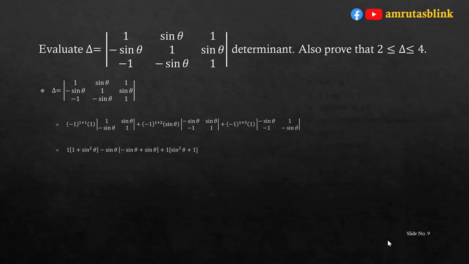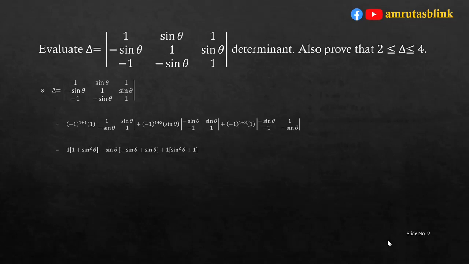Now, we will expand this expression. Minus 1 raised to 1 plus 1 into 1 is equal to 1 into determinant 1 minus sin theta into minus sin theta is plus sin square theta. Now, minus 1 raised to 1 plus 2 is equal to minus 1 into sin theta is minus sin theta into determinant minus sin theta into 1 is minus sin theta, minus 1 into sin theta is equal to plus sin theta.